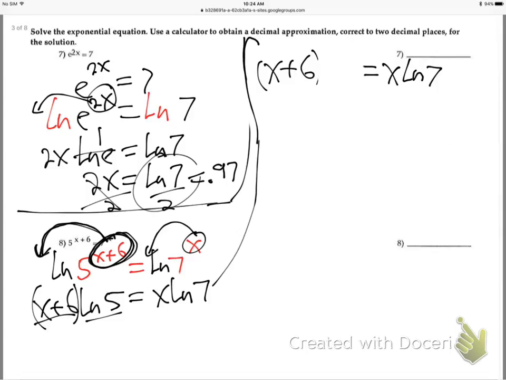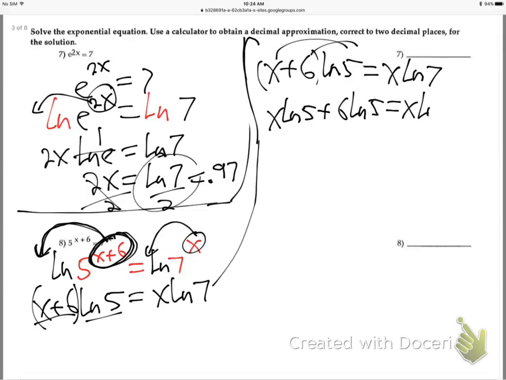So instead of that, what we're going to do is just distribute this ln 5, right? Get x ln 5 plus 6 ln 5 is x ln 7. So first get them separated. Now we have three terms, and two of them have x's, don't they? This is a common theme. You'll do this a lot in calculus, in 5A.